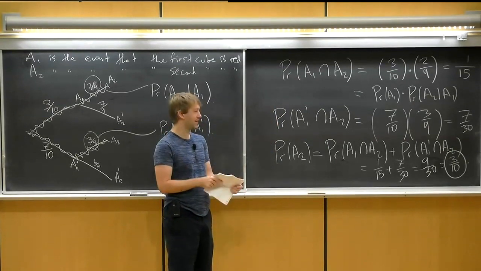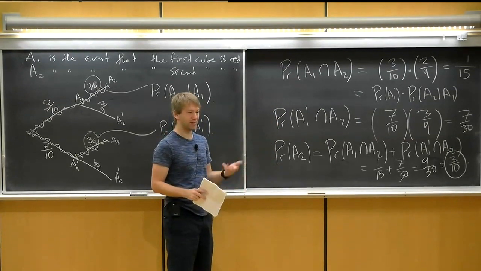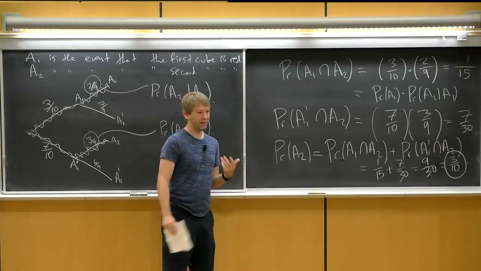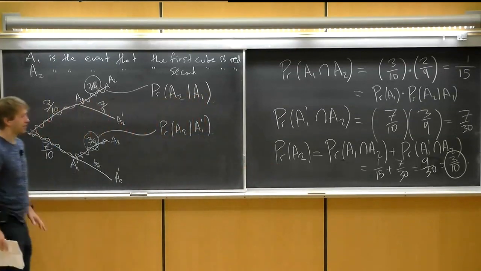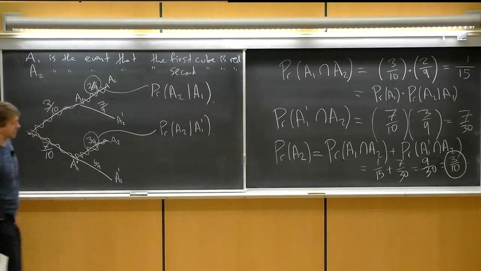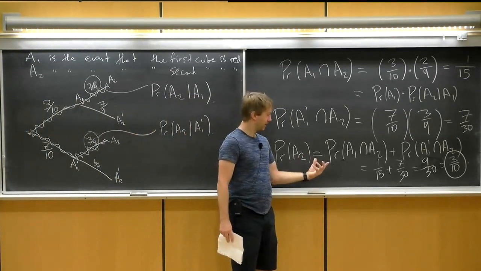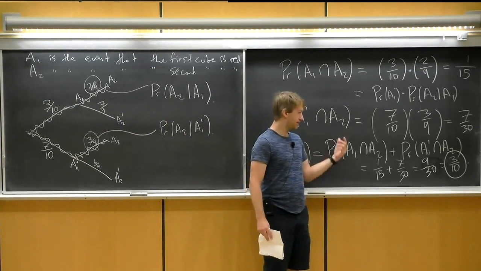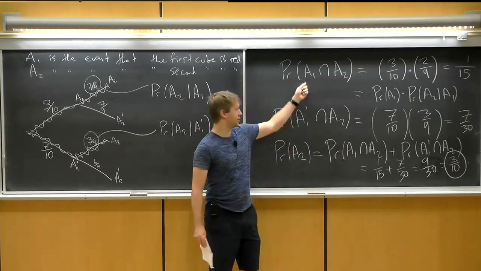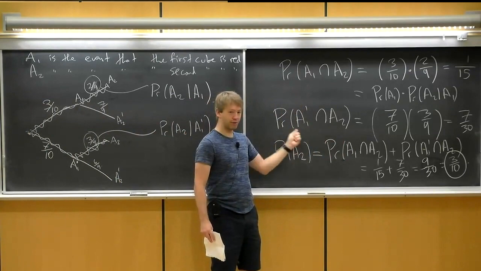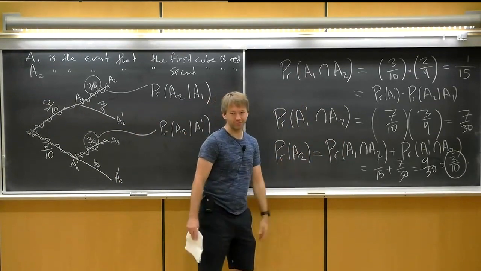So picking the second cube being red is kind of the same as picking the first one being red. Anyway, we don't need to get too deep into that kind of philosophy. But the point is, if I know these two things, you can compute, for example, the probability of A2 by adding them up, right?